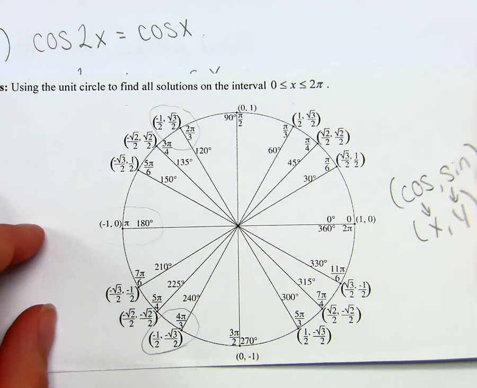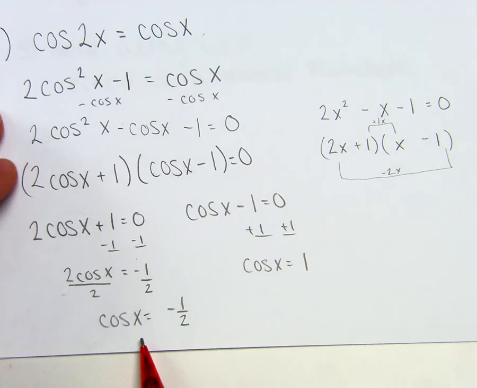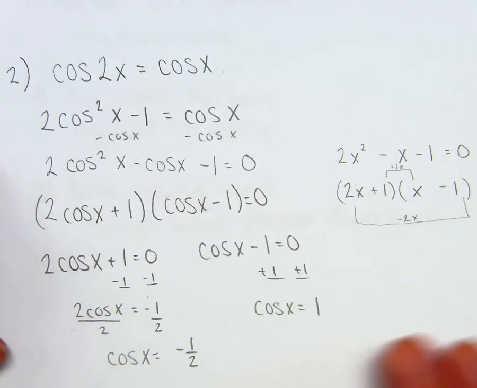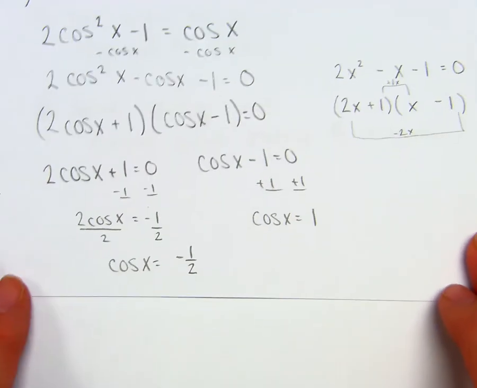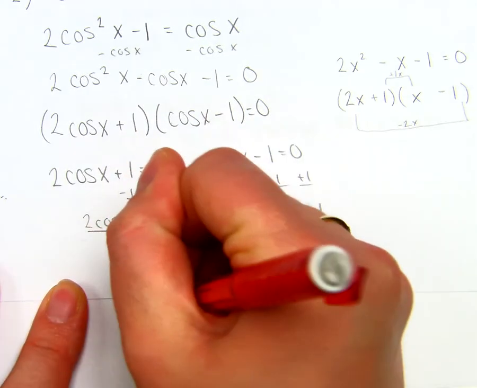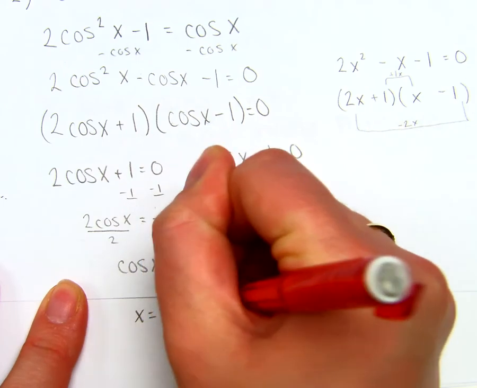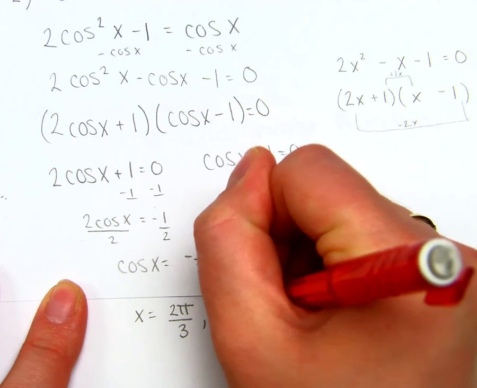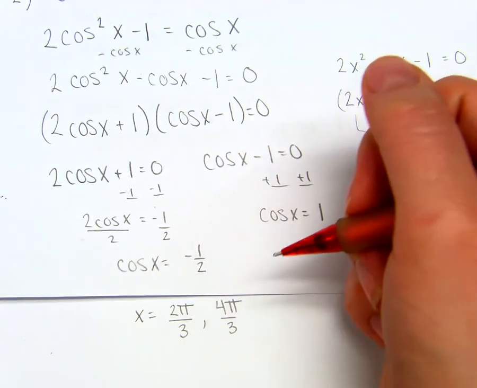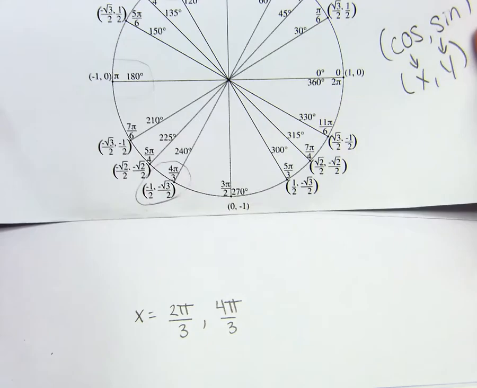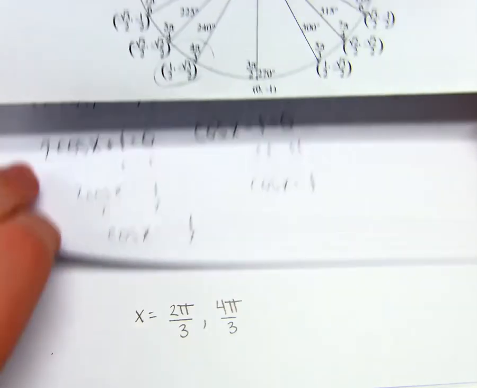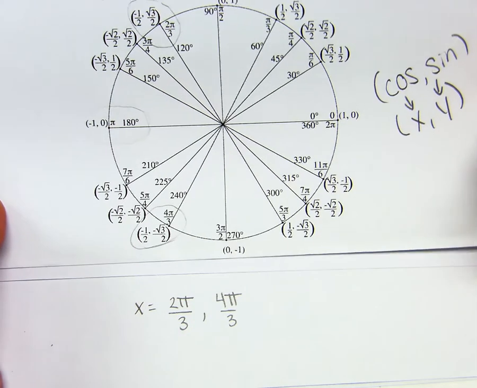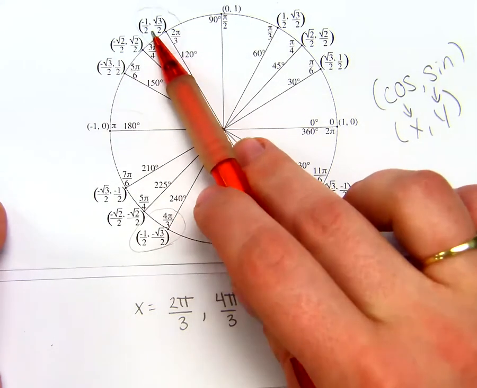So I have two solutions for my x when cosine x equals negative 1/2. So for this one, x is going to equal 2 pi over 3 and 4 pi over 3. Because on my unit circle, that's when I got cosine to be negative 1/2.